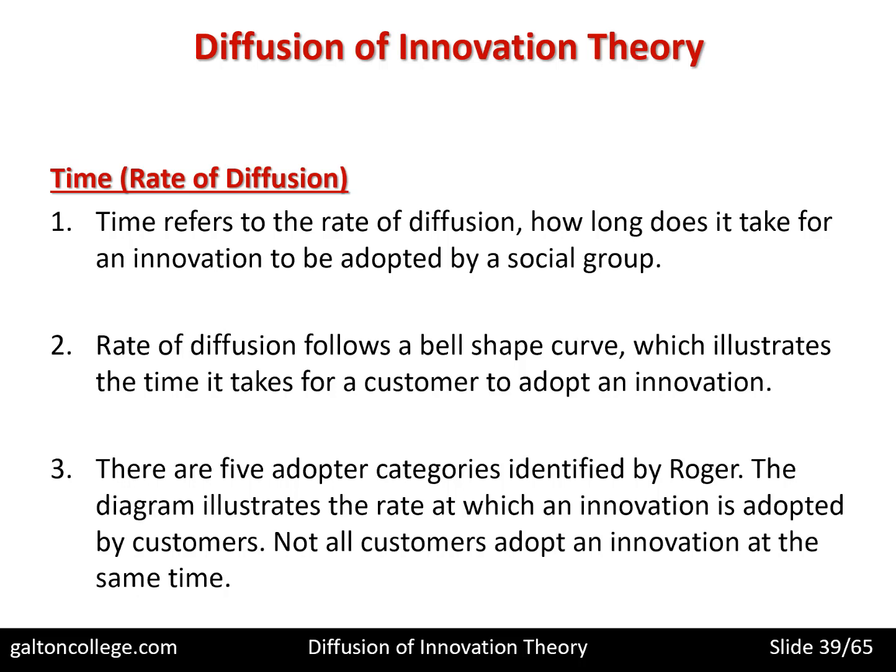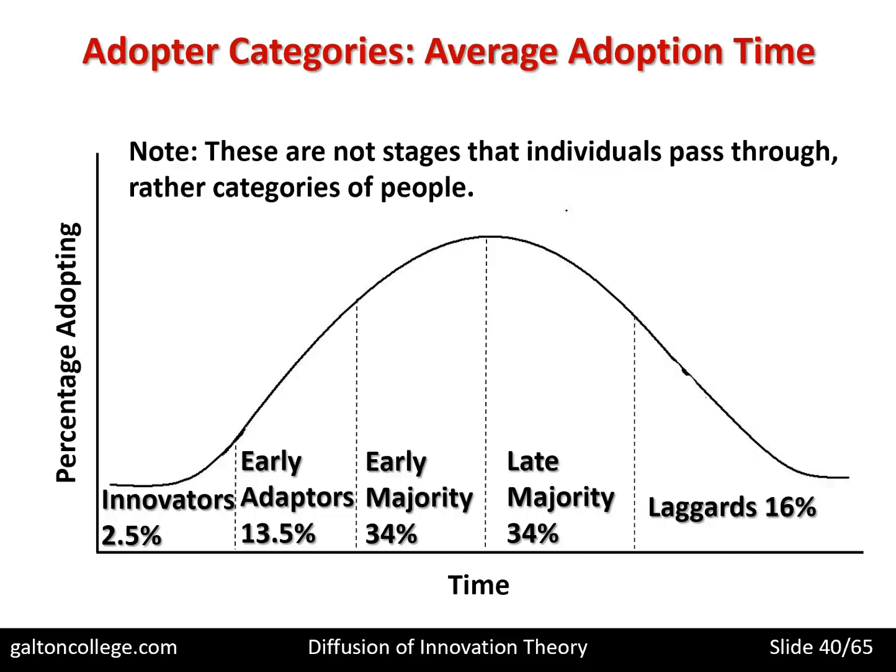Others want to see how it's working and what are the downsides associated with the innovation, what are the issues, what are the complaints, and come in much later. So that's the type of shape we're talking about. These are not stages that individuals pass through, rather categories of people.